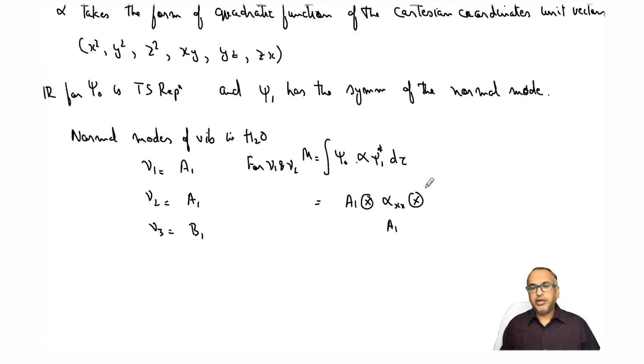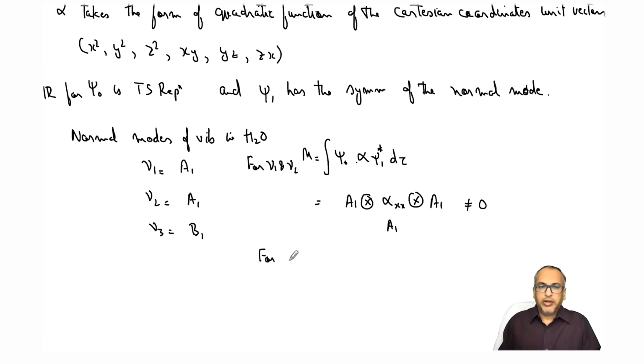You can have different alpha components from the character table, but you have to choose the alpha which has the same symmetry as psi 1 star, which is the symmetry of the normal mode, A1. So this integration will not go to 0 because it contains the totally symmetric representation.